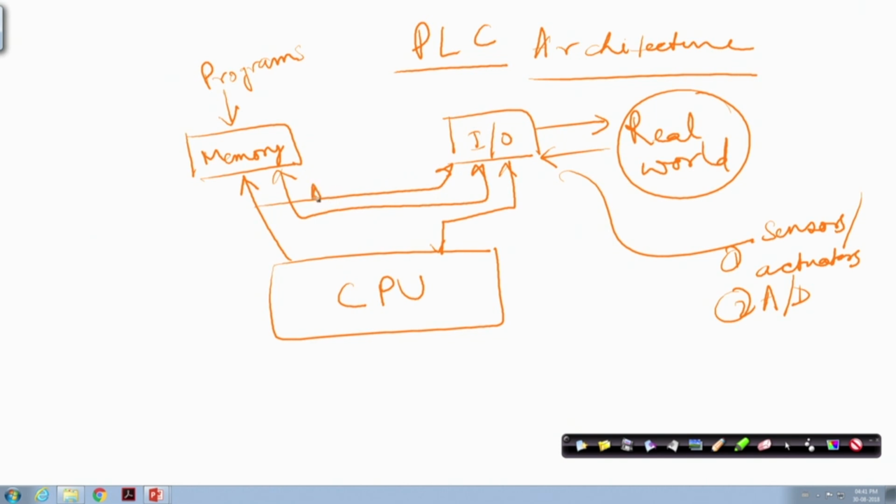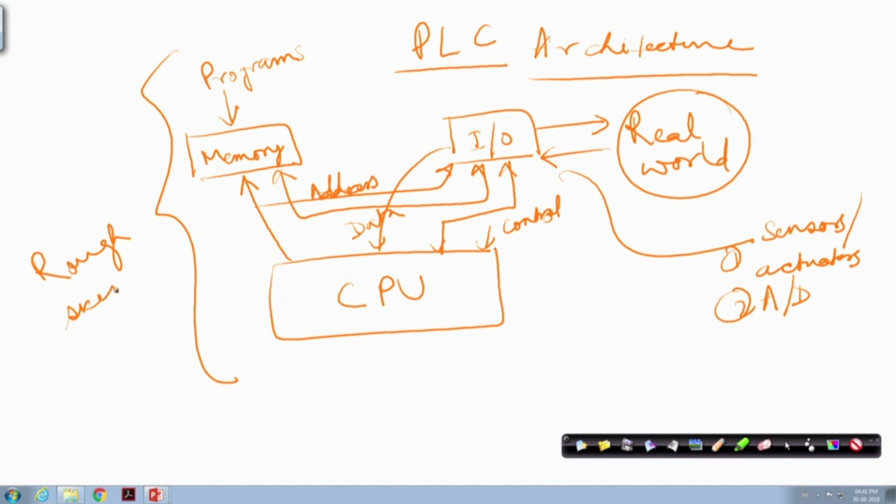First of all, the memory is going to send the address, the data could also be sent from the input output to the CPU, and also it is possible to control the CPU by sending suitable control signals, and these control signals can come from the input output. This is just a rough sketch of the different components in the architecture of a typical PLC.